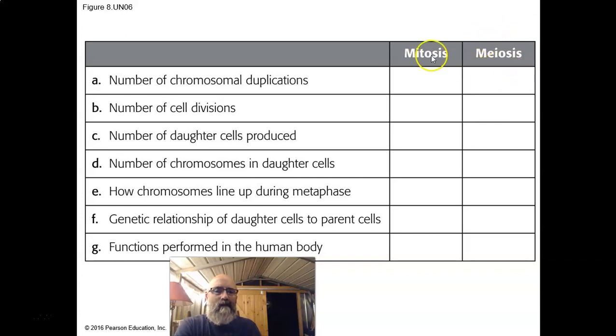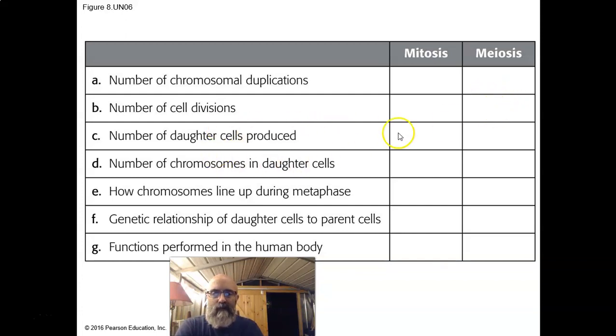How many chromosome duplications happen in meiosis? Exactly right, 1. Now, how many cell divisions happen in mitosis? We multiply once, we divide once. We get back to exactly the same. Meiosis, we multiply once, we divide twice. So in meiosis, we would have 2 different cell divisions.